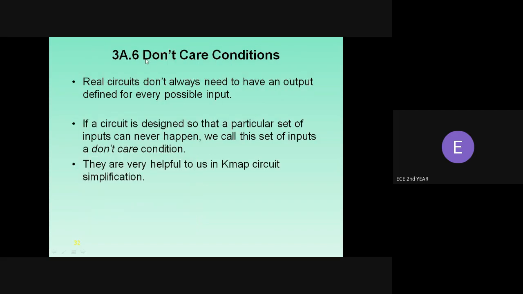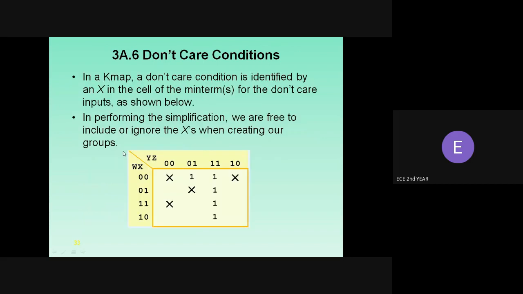Next possible case is nothing but the don't care condition. Don't care condition is nothing but the output we cannot decide. For all the inputs that are applied to a particular circuit, there are cases where we cannot decide the output. So we can write that condition as a don't care condition, right?